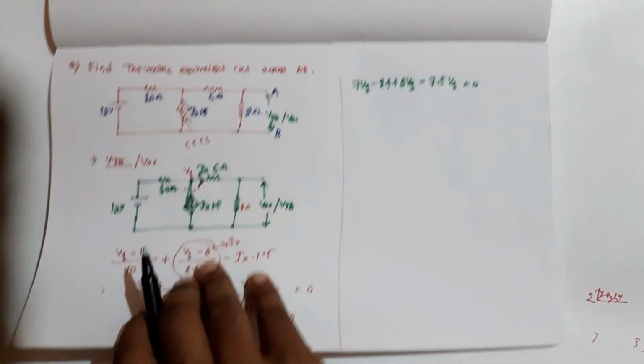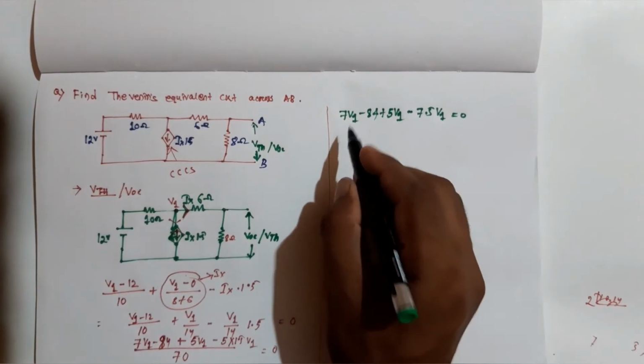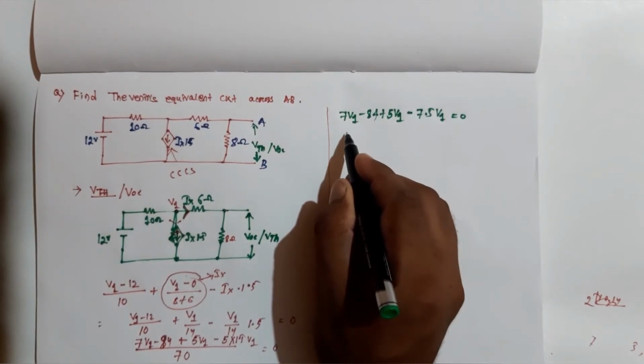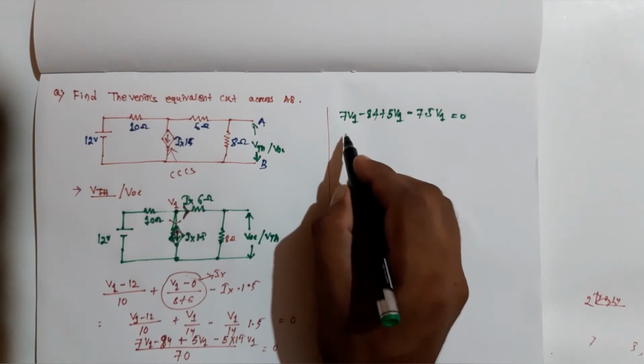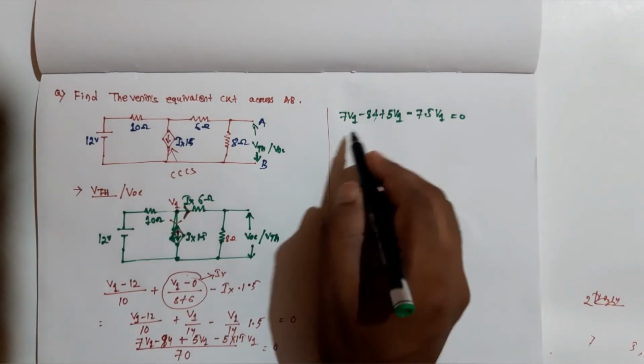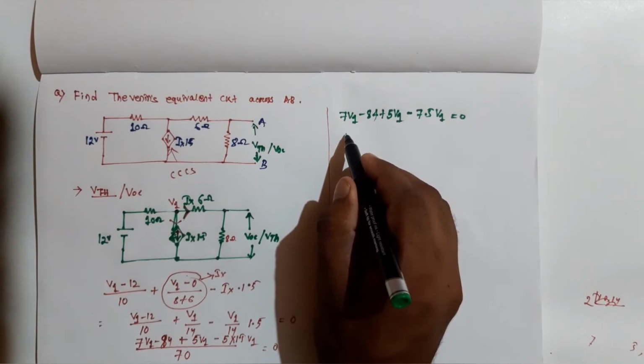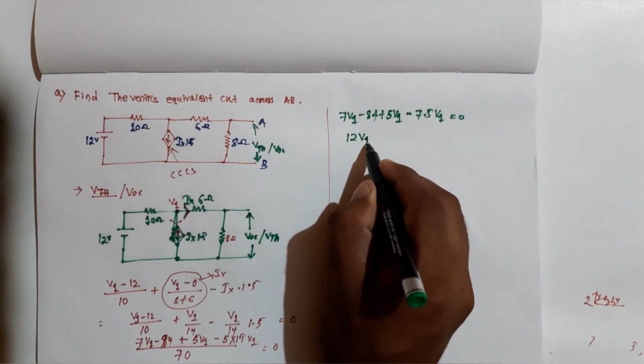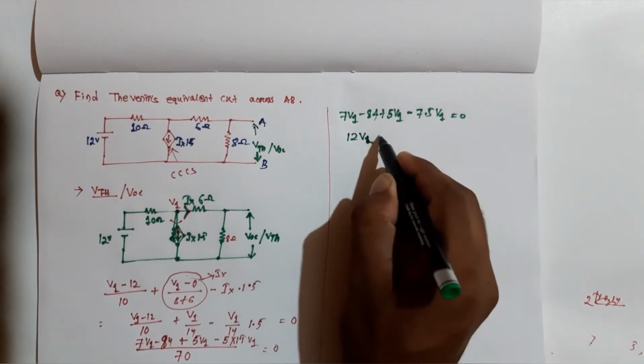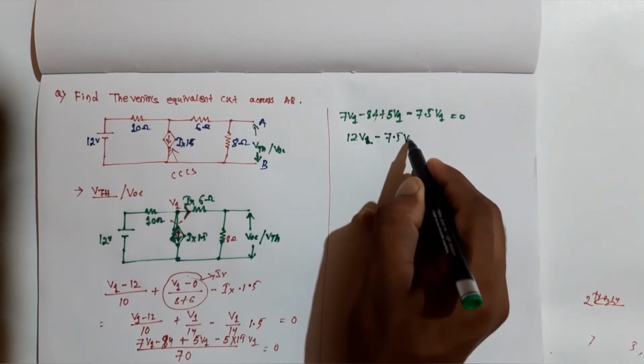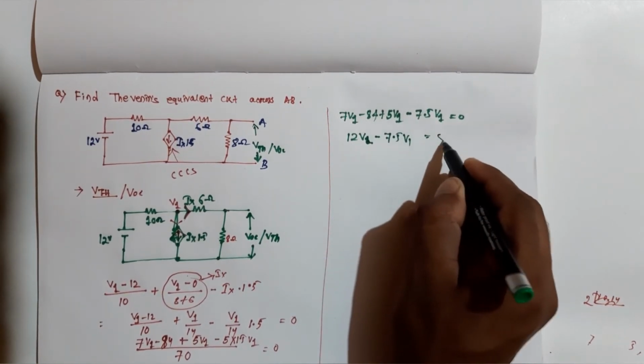So 7 V1 plus 5 V1 is 12 V1, and 12 V1 minus 7.5 V1 is equal to 84.